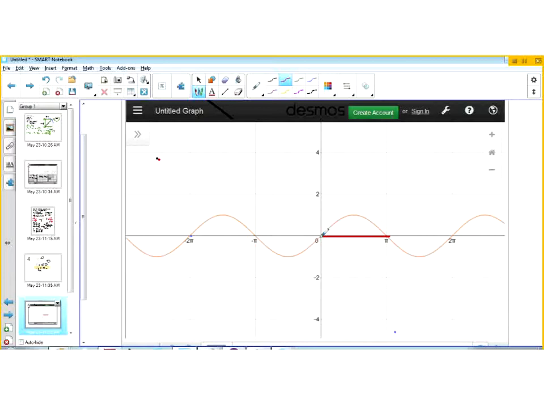Because here's why. On the standard interval, 0 to 2 pi for a sine function, we have 5 reference points that are easy to plot. The reference points would be these three x-intercepts and this local max and this local min.